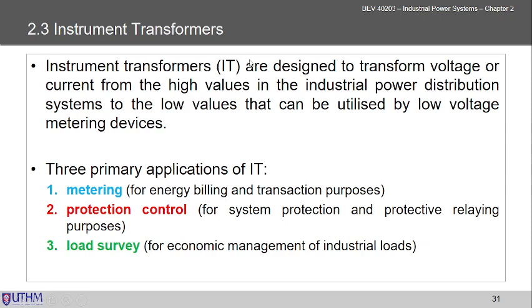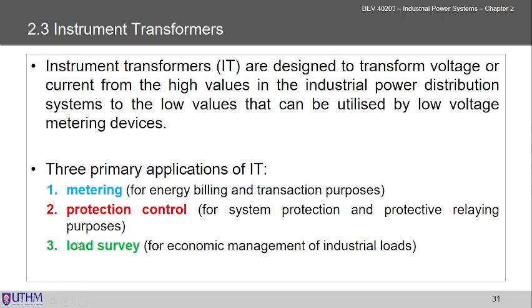The instrument transformer is not much because normally it is just a small device. The application is for metering, for billing for example, and protection control. That means we need to step down the voltage or current for the protections to give to the relay.